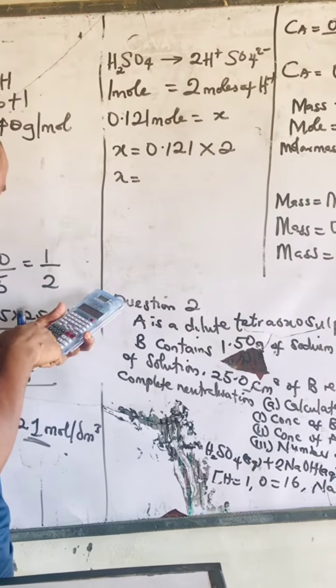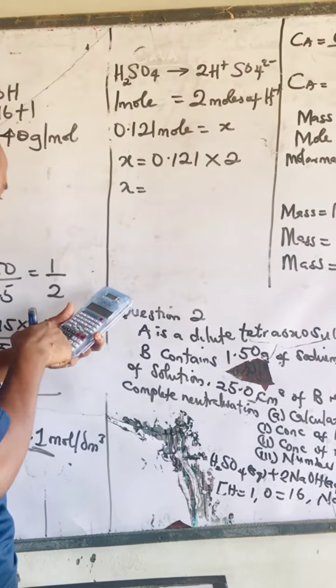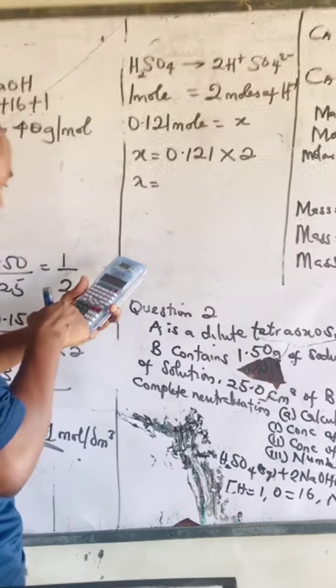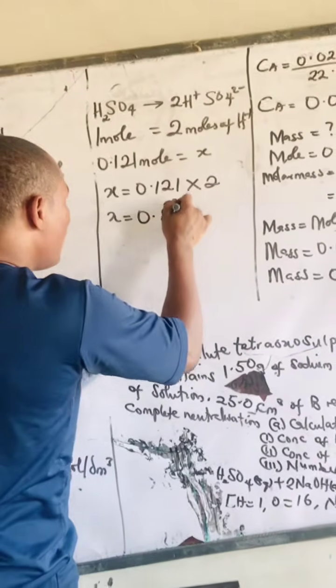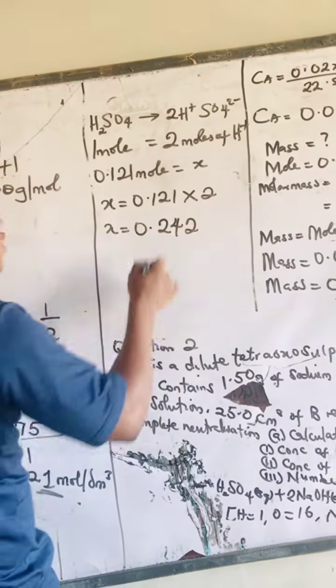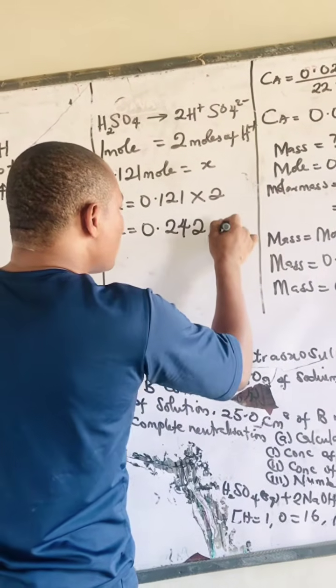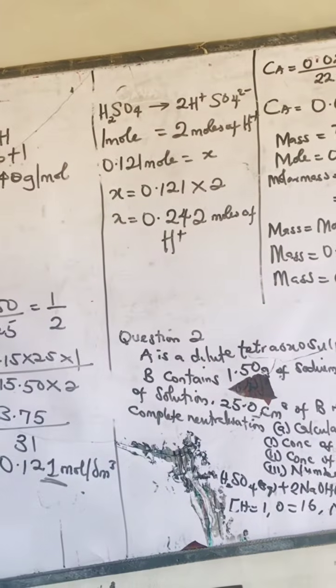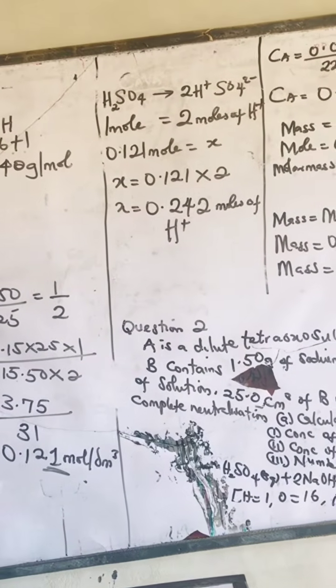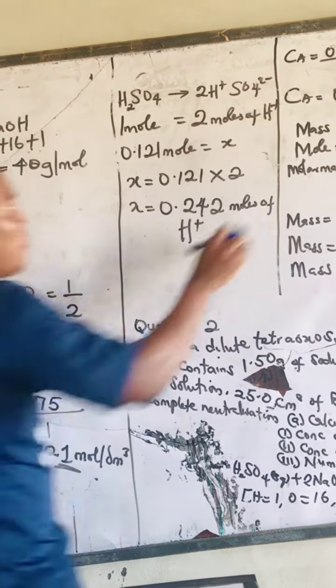0.121, please, you have to be very careful, times 2 equals 0.242 moles of hydrogen ion. But don't forget that our Avogadro's number is very, very important.